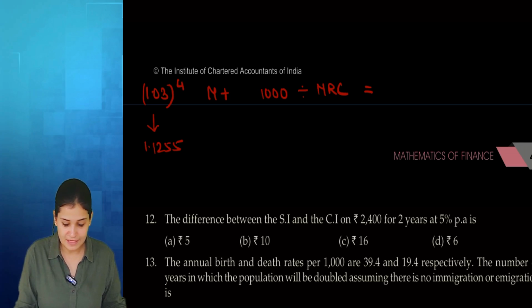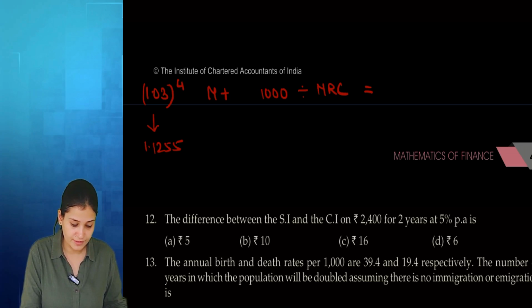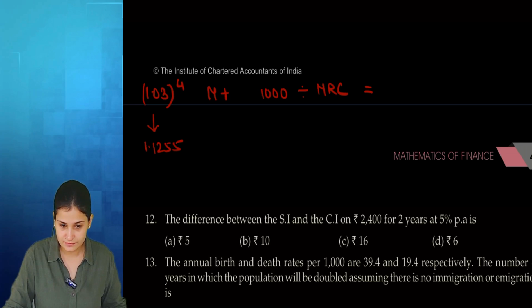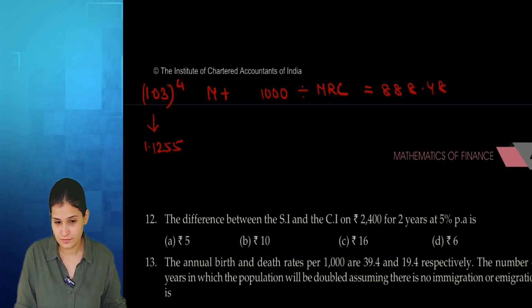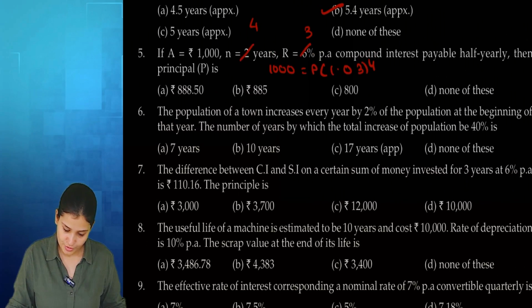Now press M plus. Then without doing anything else, just type 1000 divided by MRC equal. Answer? 888.4. Yes. So the option will be A.